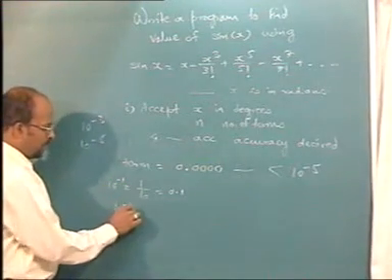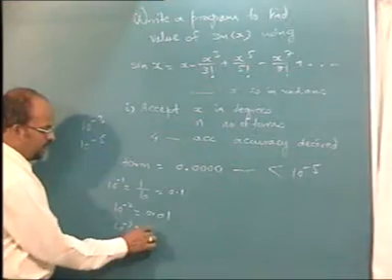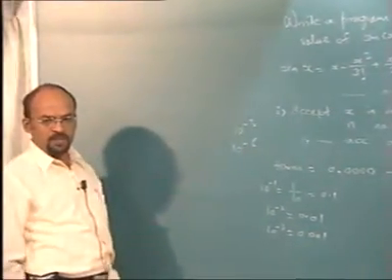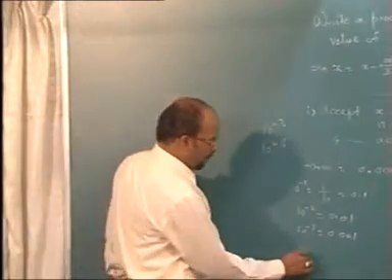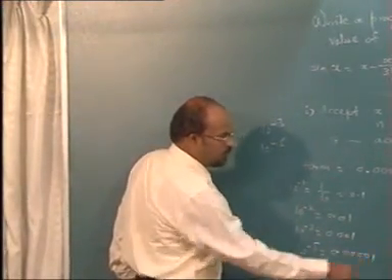So 10 raised to minus 2 is 0.01, 10 raised to minus 3 is 0.001. So obviously 10 raised to minus 5 will be 0.00001.